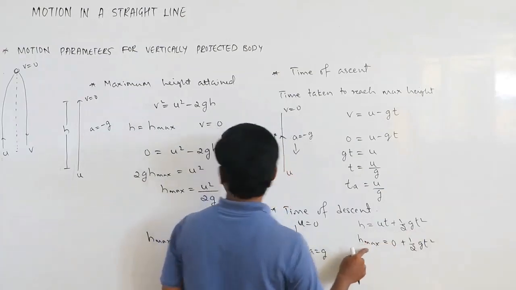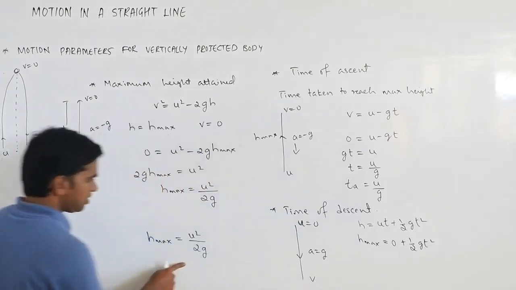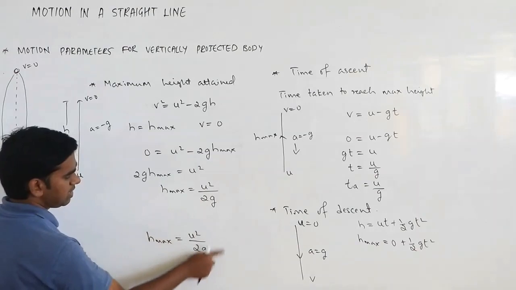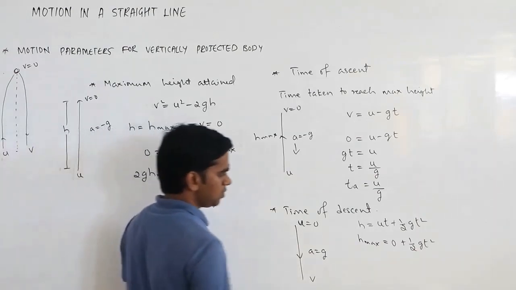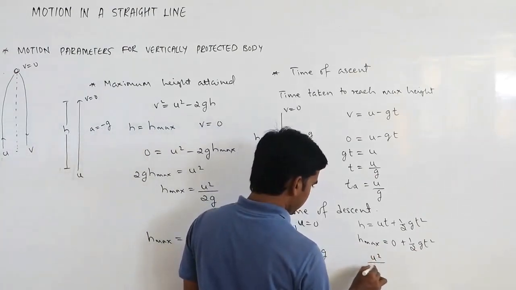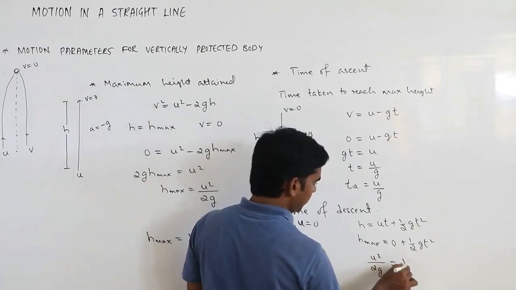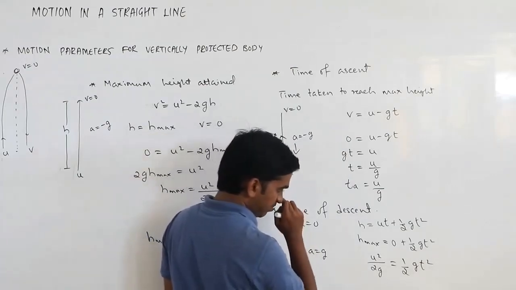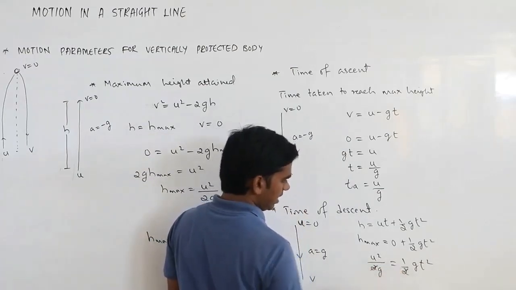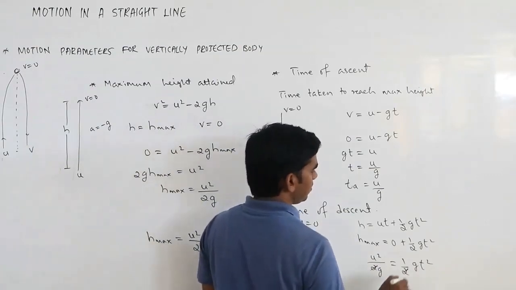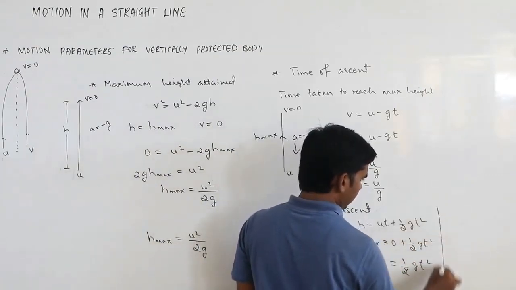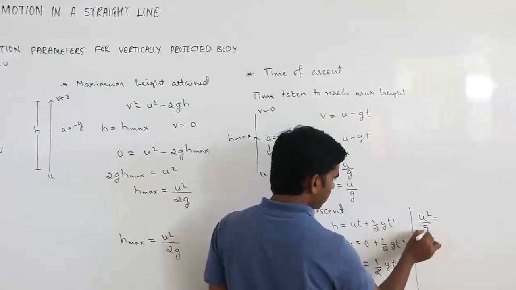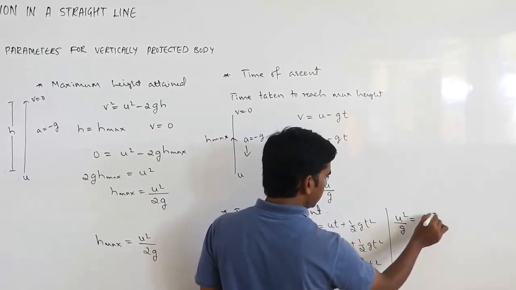What is h maximum from before? h maximum is u square divided by 2g. So u square divided by 2g equals half g t square. The 2 will get cancelled, so u square by g equals g into t square.